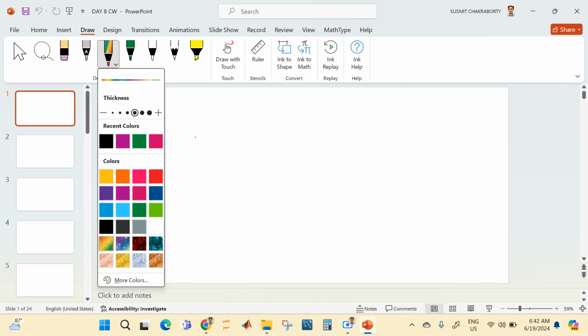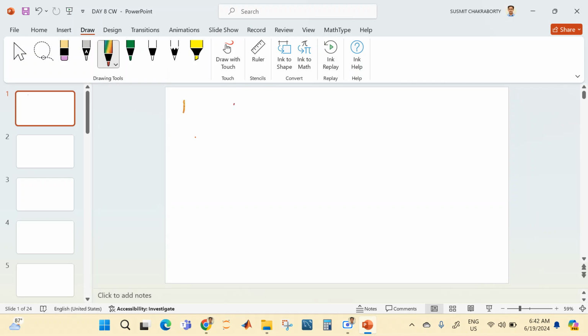Before starting, last day I taught R square, right? You know the R square. And what is the R square formula? Already we have known this formula. R square is 1 minus RSS by TSS.